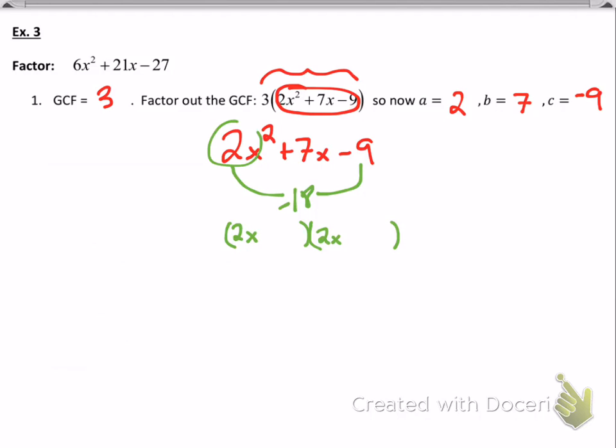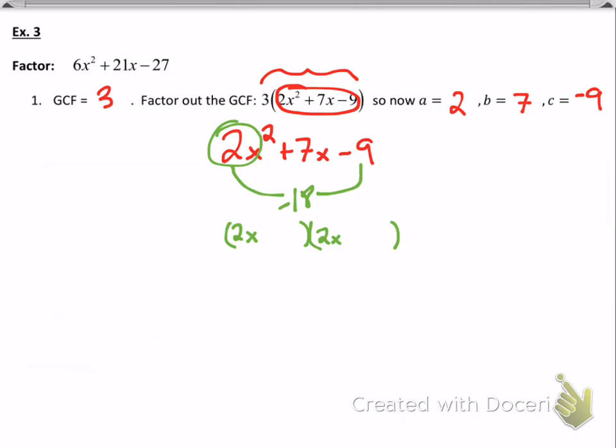Where is that coming from? That's coming from this. You're just going to rewrite it in both. Now, you might be saying, wait, Mr. Joe, that doesn't make sense because 2x times 2x gives me 4x squared, not 2x squared. I know, we're not done yet. Okay, it'll work out at the end. Okay, so just take your A and put it in both, 2x and 2x.